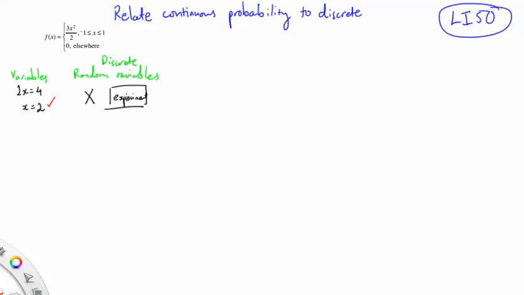So you do an experiment and out pops some value for X. You might get 6, who knows, but it's a discrete random variable, and the value that pops out is discrete. It's going to be like rolling a die or flipping a coin or something like that. We've done discrete random variables where the output is based on some experiment.